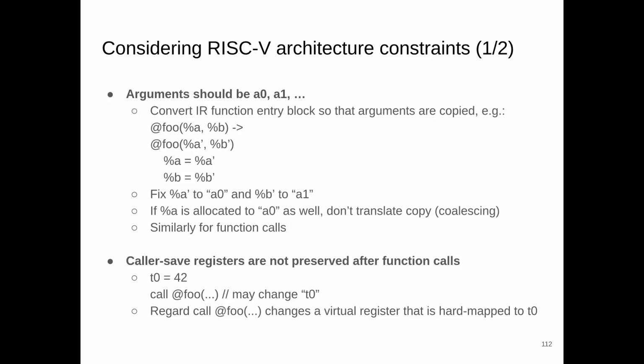They should be colored differently than T0 basically. So in that way, we can express the idea that this function call may change the contents of T0 to T11, the temporary registers, thanks to these virtual registers that are hard-mapped to T0 to T11. Okay, that is basically the idea.